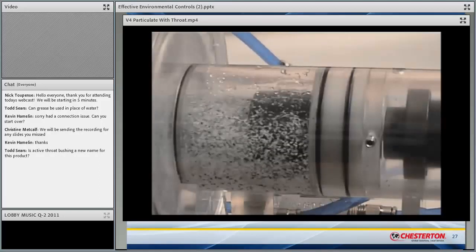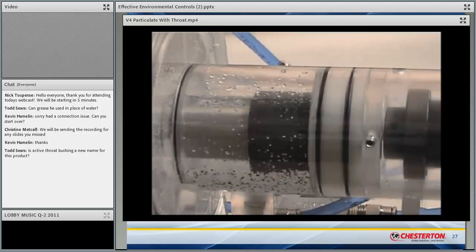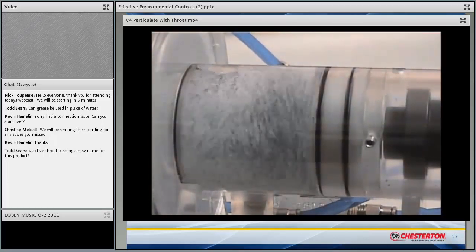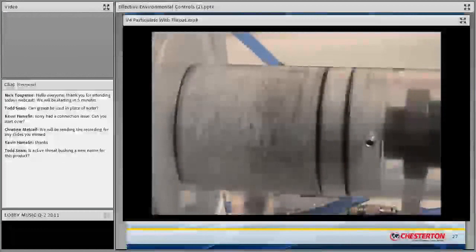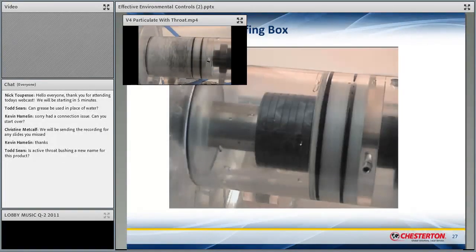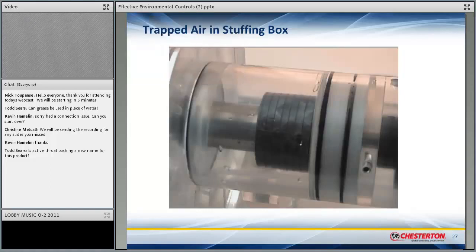Historically, we've used flush water to push those solids out of the stuffing box, but we've talked about the costs associated with flush fluids. So we can utilize active throat bushing technology to remove those particles from the seal chamber so the seal can be running in a clean environment.